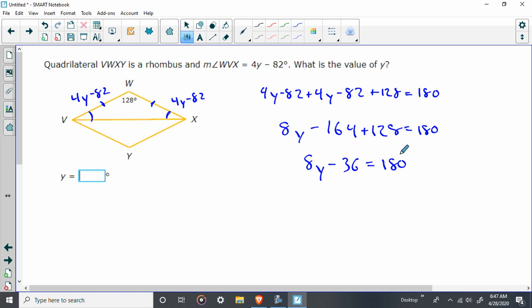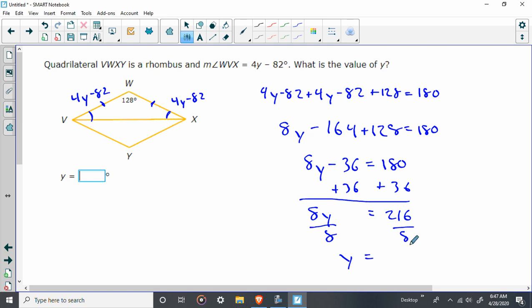We're going to add 36 to both sides. We'll find out that 8y is equal to 180 plus 36, which is 216. And divide by 8 on both sides. 8 goes into 21 twice, with a remainder of 5, so 27. So y is equal to 27. Okay, I believe that's it.